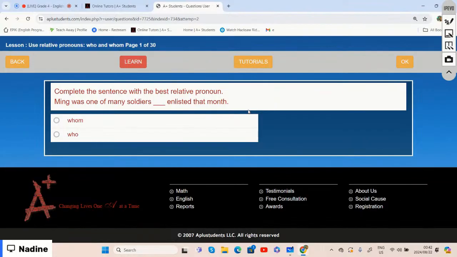So we need to select our relative pronoun. It says complete the sentence with the best relative pronoun. Ming was one of many soldiers. Do we say whom enlisted that month or who enlisted that month?